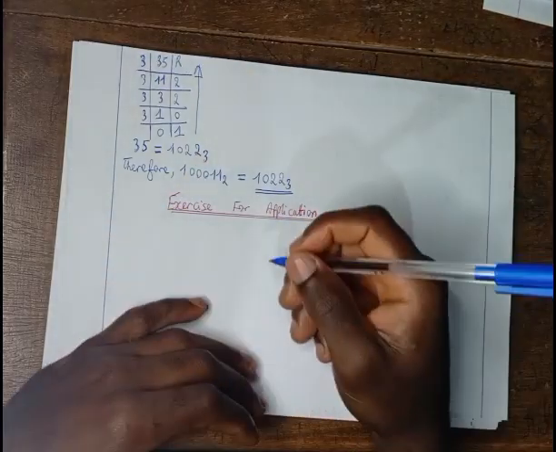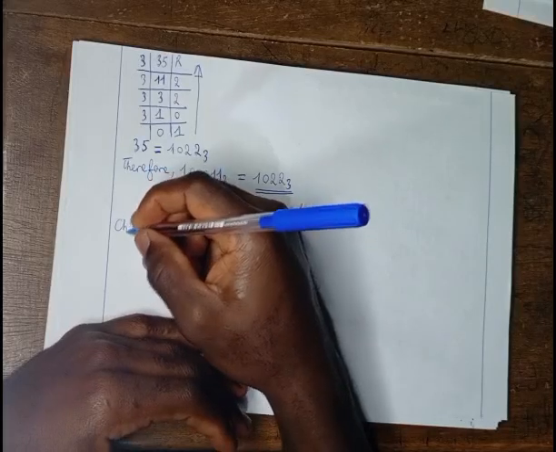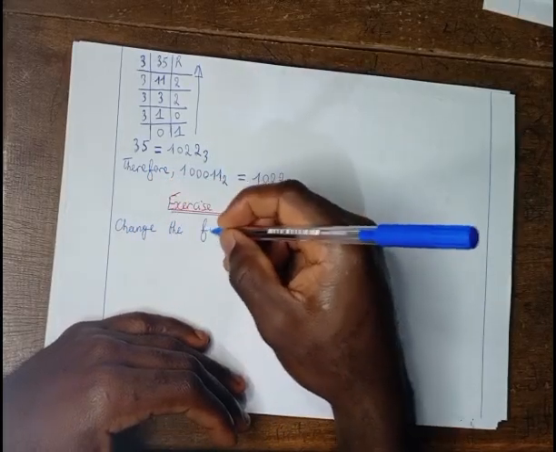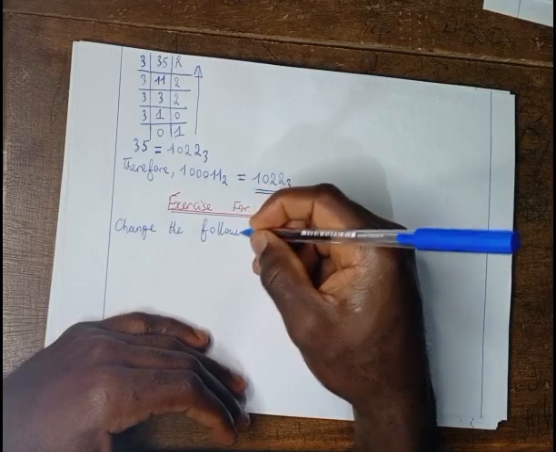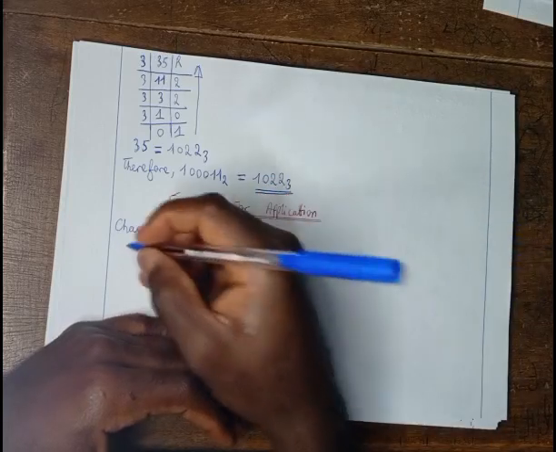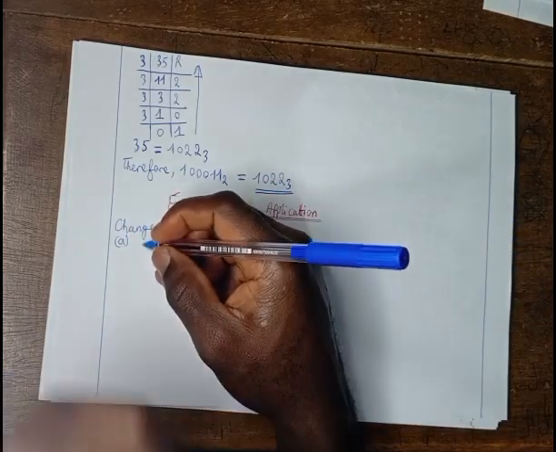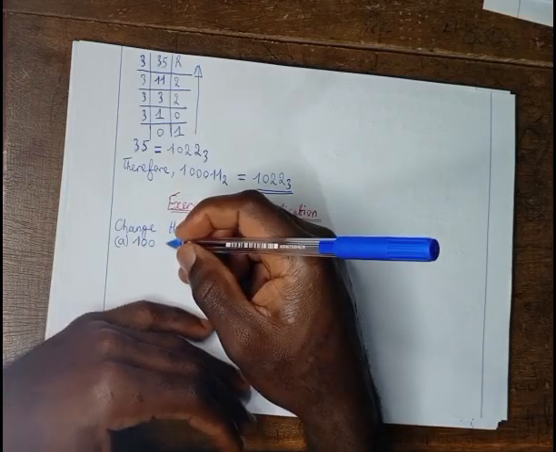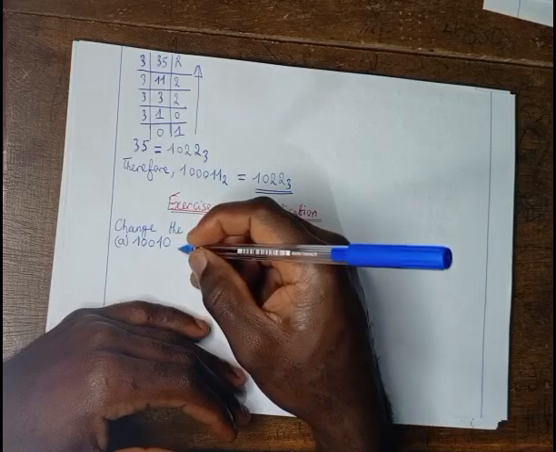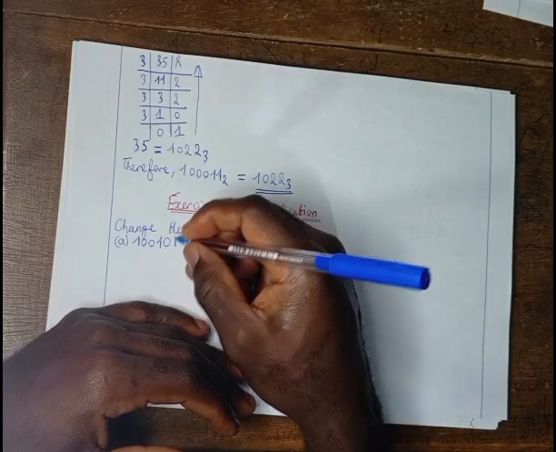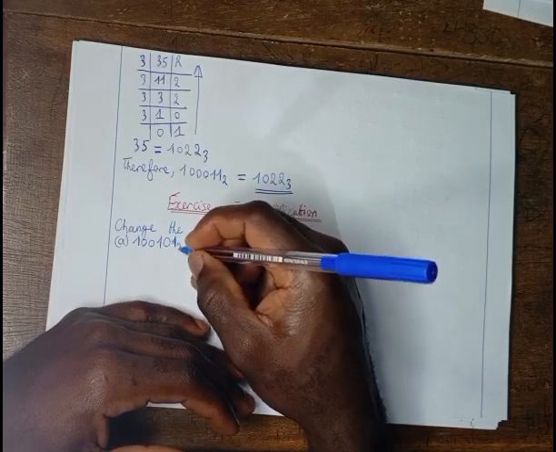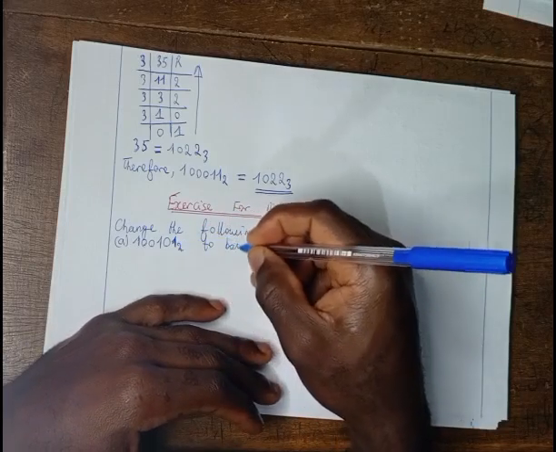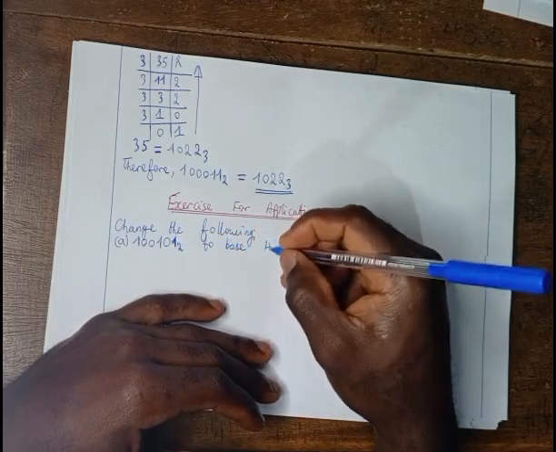Change the following. For A, we have 1, 0, 0, 1, 0, 1. It's a binary number. We have to change this number to base 4.